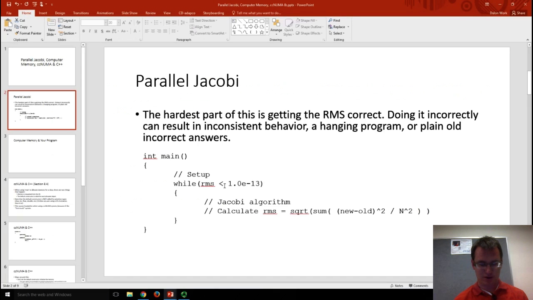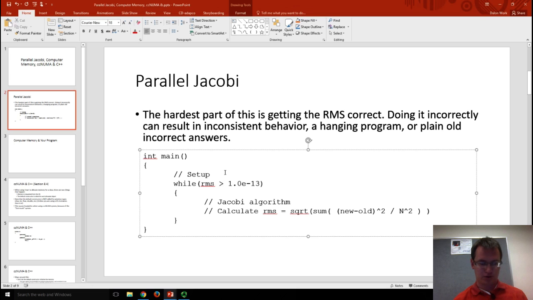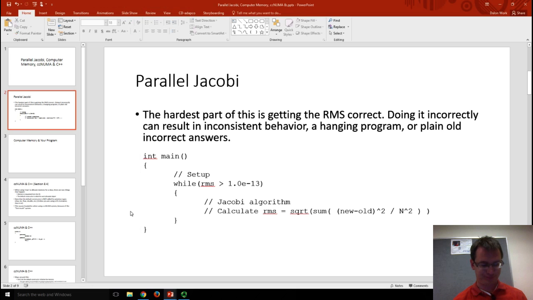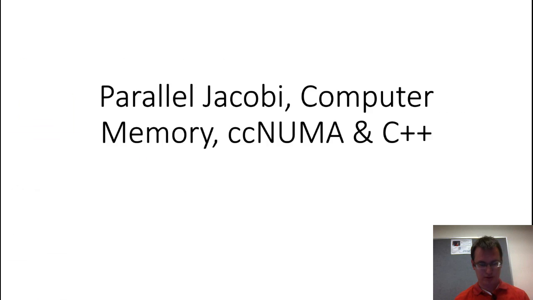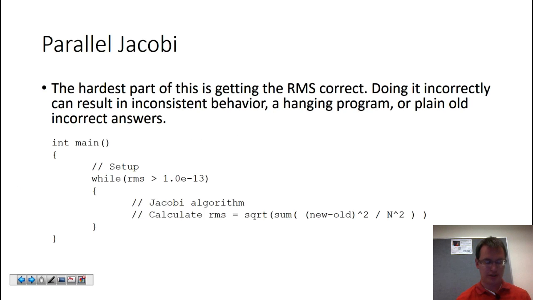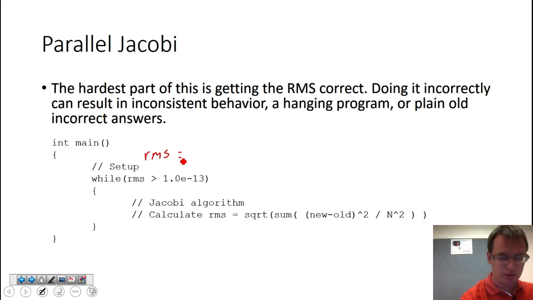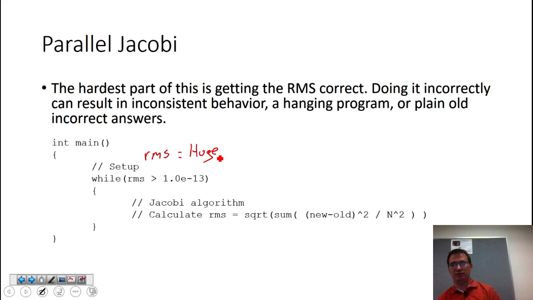Let's change that, greater than 1 to the negative 13. So I guess in here somewhere we've set RMS to some really big number, so it's bigger than 10 to the minus 13.